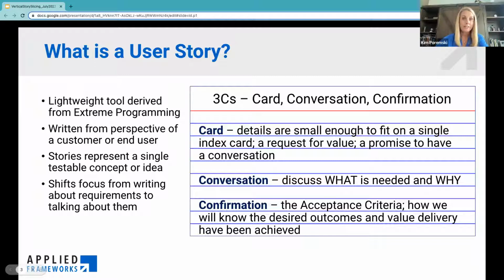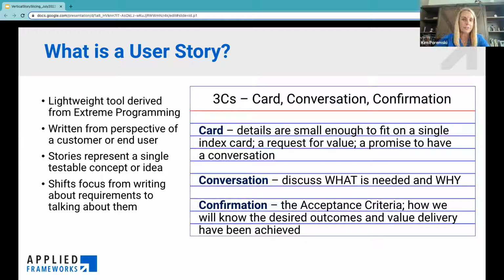The whole idea is that a user story is written from the perspective of a customer or an end user. And that's one of the challenges that I often see, and where vertical story slicing can help, because I do see a lot of user stories, and I'm using those air quotes, that are not actually user stories after all.